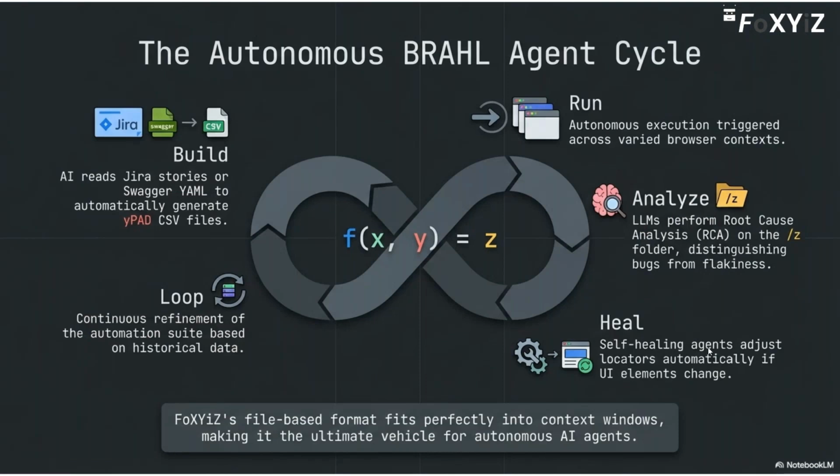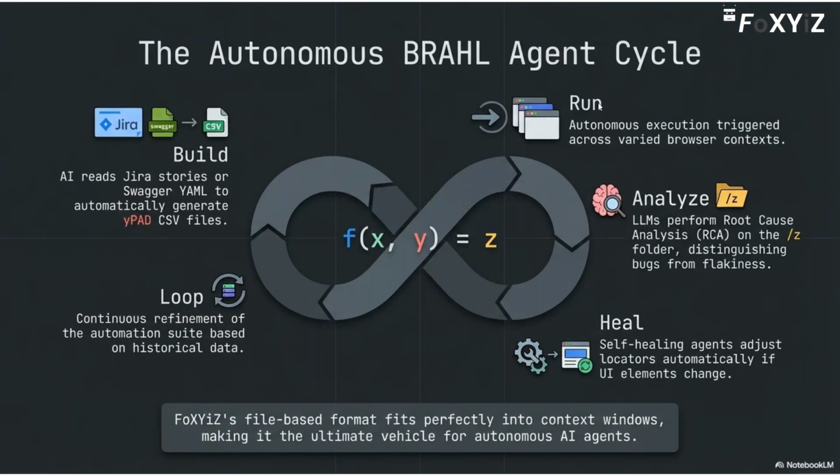Now heal, what do we fix? I won't go and fix the application, but I log defects. As long as we are aware that, oh, the issue is I didn't give the right element identifications or API payloads or authentication. That's what we fix. We can do it humanly. We can give it into a loop for the AI as well to do it. And that's the concept of looping.